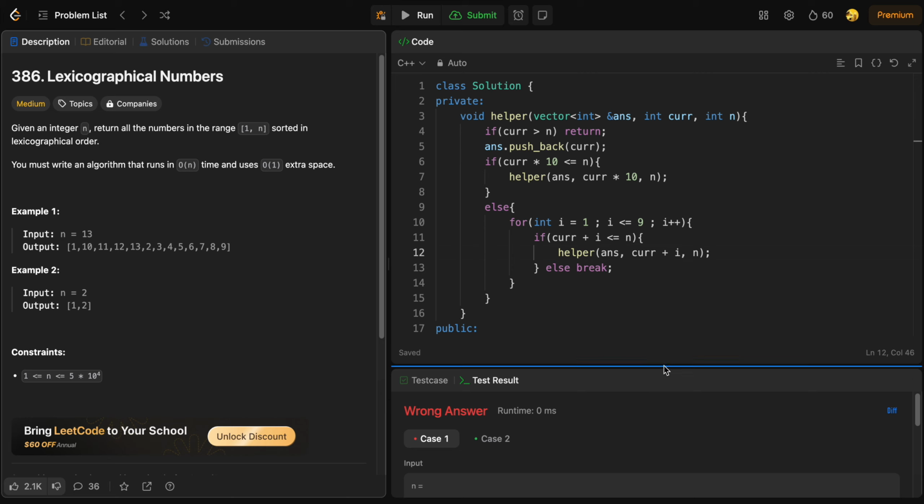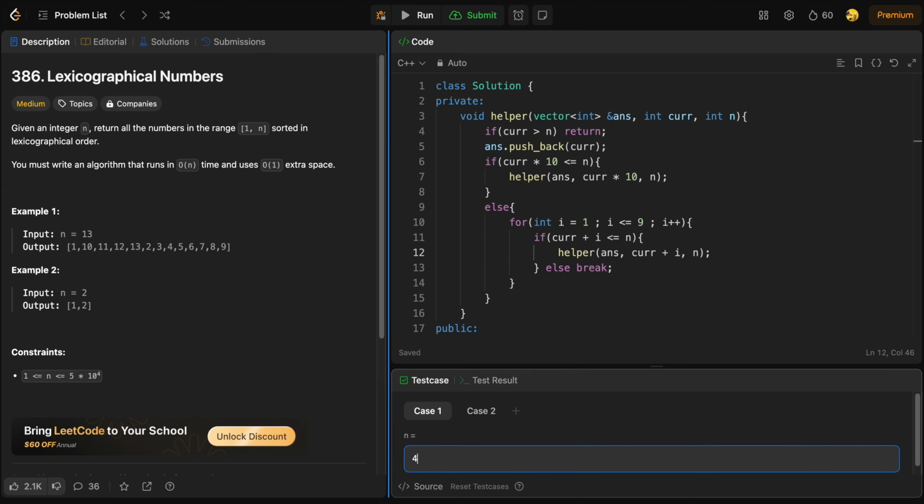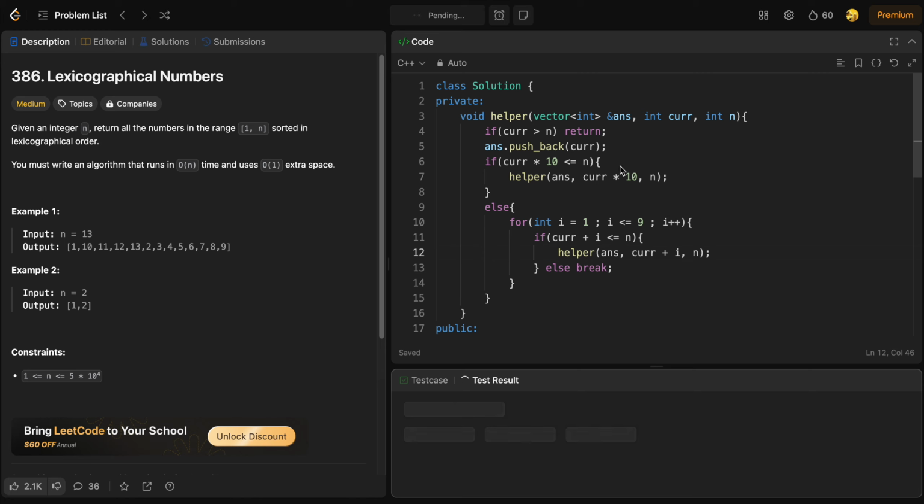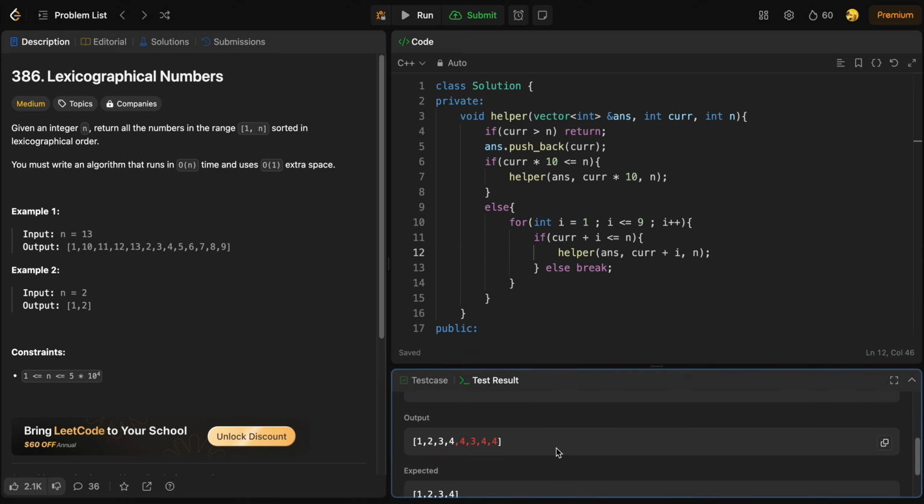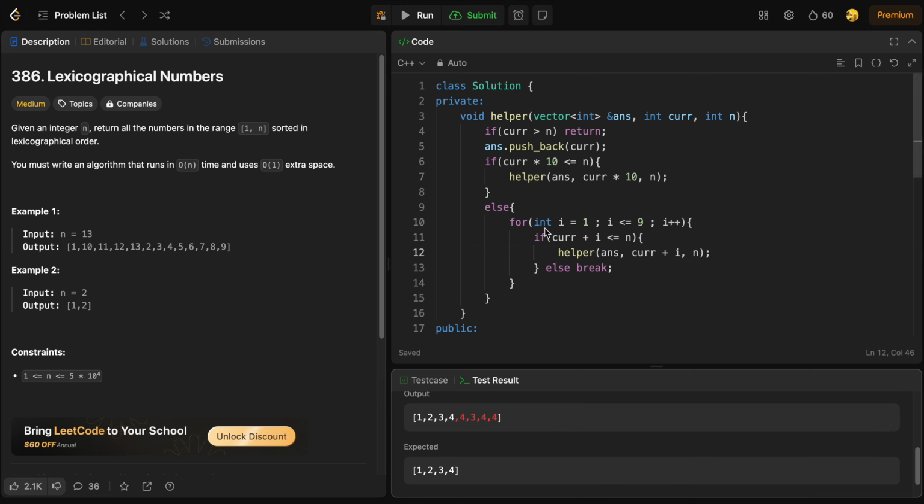So the error in here is, if we just consider the example that we were checking earlier, if it's at 1, then it will be processing from 1 to 9. And if it's, for example, 2, then also it will be processing from 1 to 9, right? So if it's 1, then adding 1 plus 3 would give us 4. And if it's 2, adding 2 plus 2 would give us 4. So that's why we could see many 4s over here.